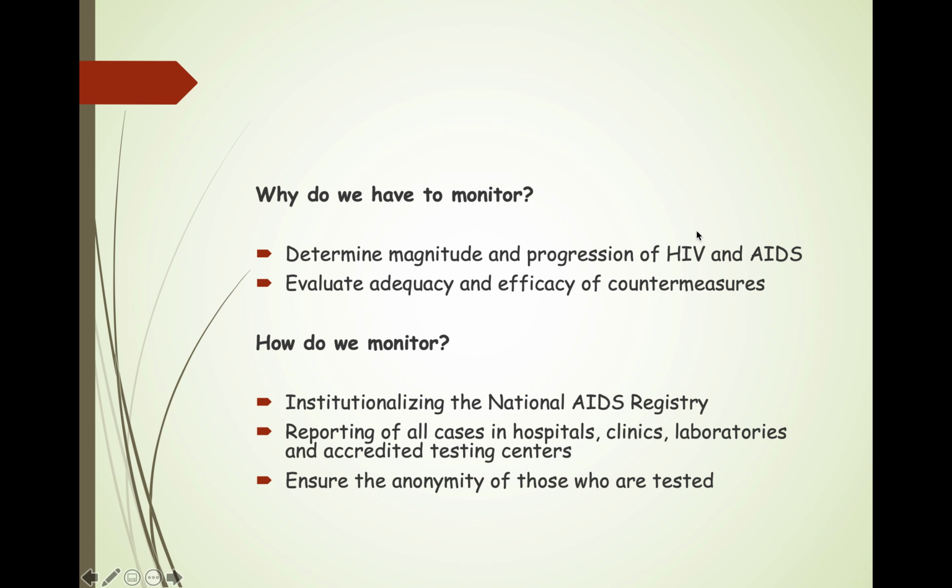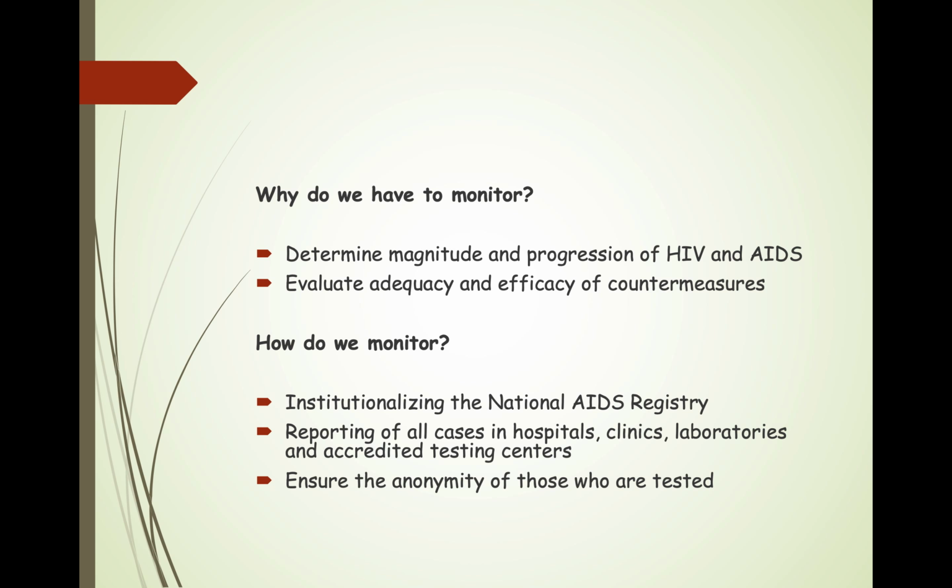They also need to evaluate the adequacy and efficacy of our countermeasures. So technically, we're trying to look at the effectivity or the impact of the programs that we are doing with our patients.